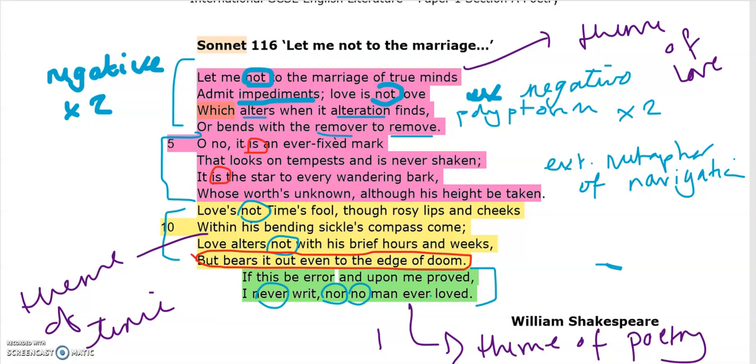The way that this poem opens almost seems like it's a response to something. It seems to open almost in the middle, perhaps, of a conversation about love, where somebody has perhaps said to the narrator, oh, well, you don't believe in marriage, do you? And this seems to be a response to it, as if it is possible, but it's only possible if we're talking about the marriage of true minds.